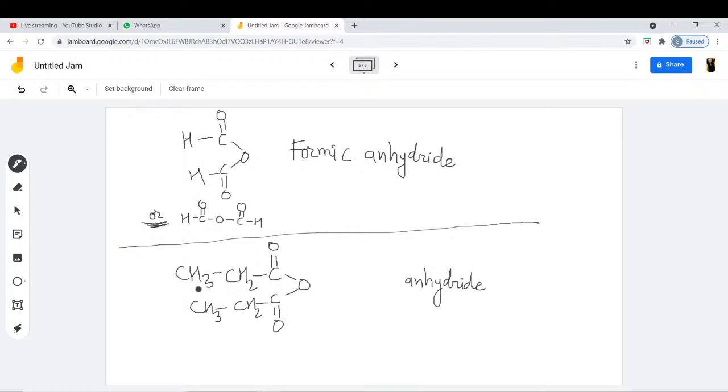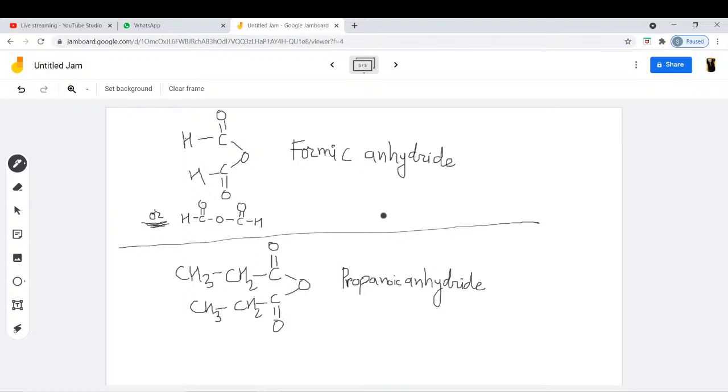You already guessed: 1, 2, 3, three carbons means propane. So propanoic anhydride. Easy.